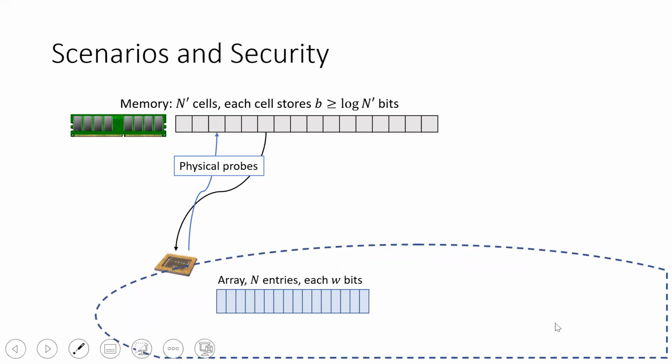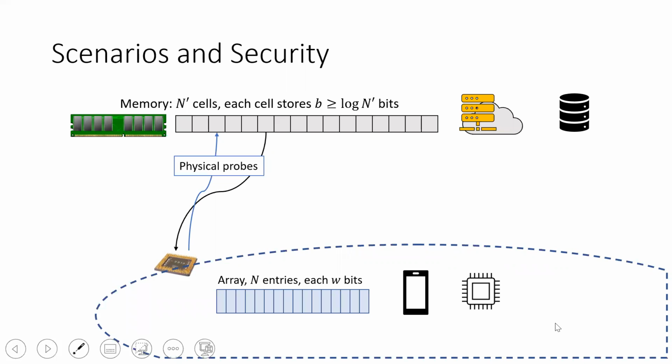And this problem actually happens in many scenarios in the memory hierarchy. For example, we can think the memory is a cloud server that stores a huge amount of data, including all the contents of this array, and the processor is our mobile device. The array may be too large to be stored on a mobile device.